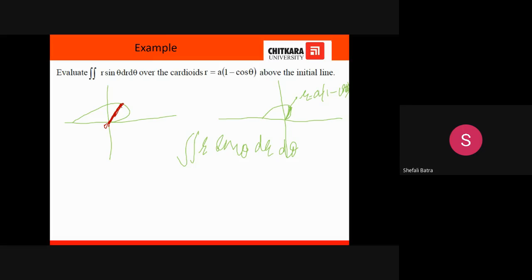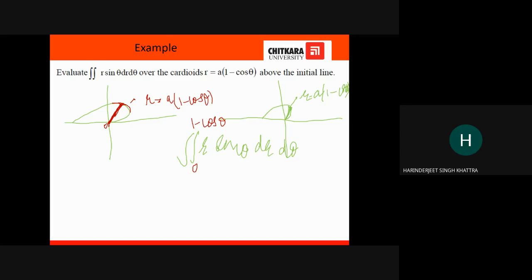And what is the upper limit then? The upper limit is defined by this curve, and this is r equal to a into 1 minus cos theta. Is it right? So the limit of r would be 0 to a into 1 minus cos theta. Is it clear, beta?